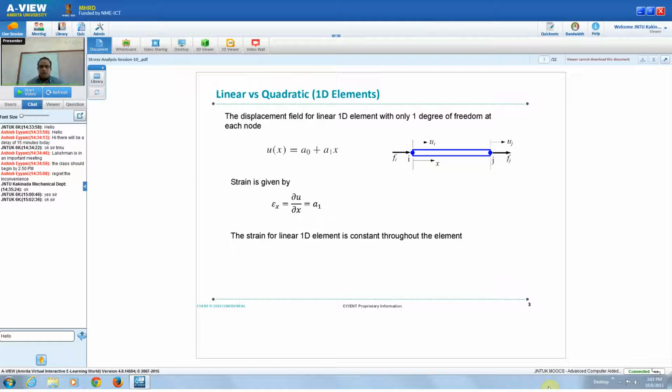I think in the last couple of sessions we were discussing linear versus quadratic, and I would like to discuss more on that.